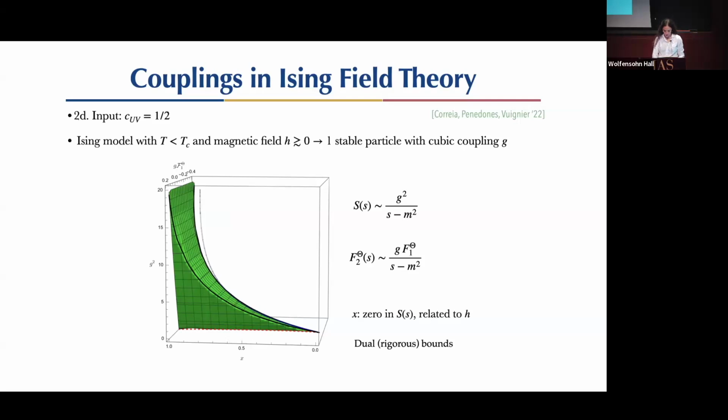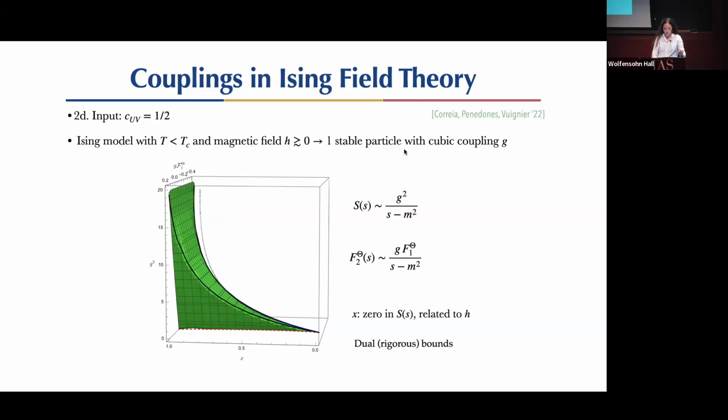They were studying Ising field theory, the deformations of critical Ising. So they set the central charge to 1/2 and study this Ising model when you take the temperature out of its critical point below it, and also some very small magnetic field deformation.